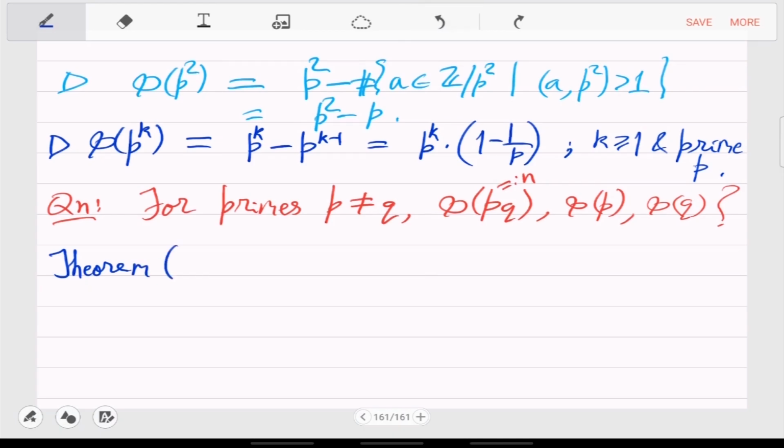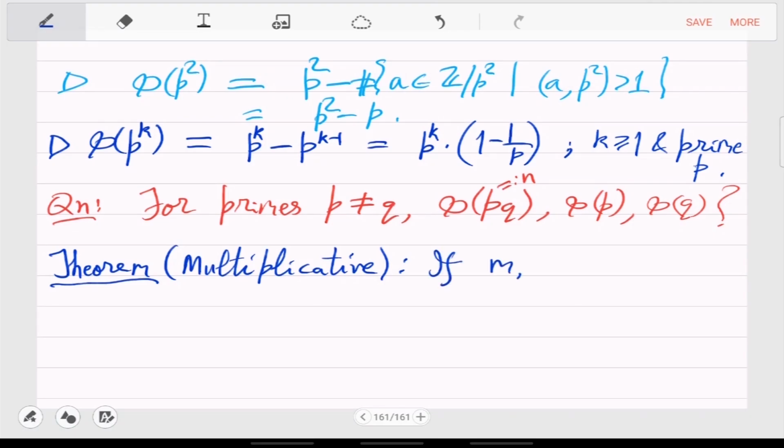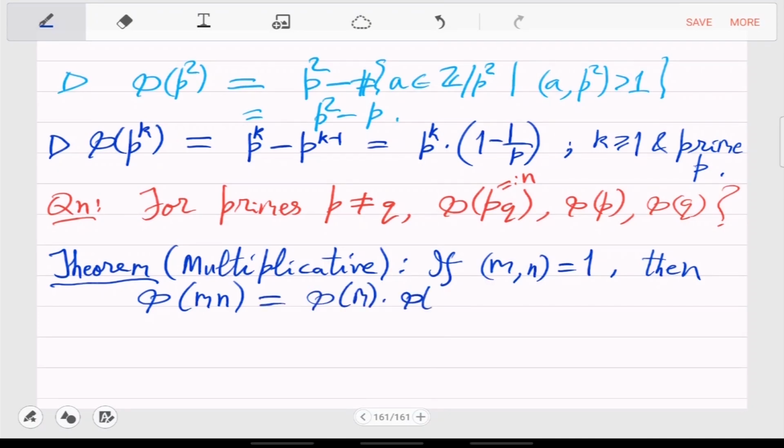So this is the multiplicative property. What we'll show is that if m, n are co-prime numbers, then phi of mn is phi of m times phi of n.